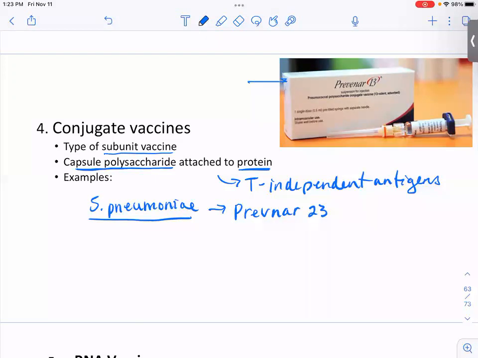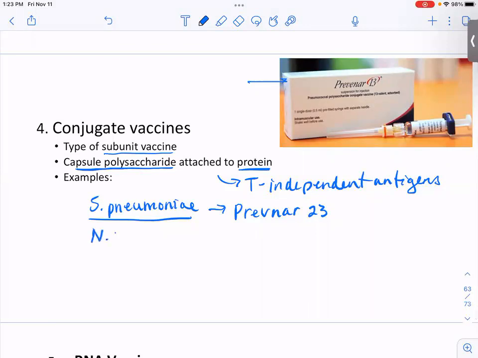So they've taken 23 different variations of the capsule of that Strep pneumoniae and incorporated it into the vaccine. So again, we keep making that one better and better. It used to be only 13 different variations of it. Now there's 23. So that vaccine is especially given to young children, with a whole different formulation for older adults to try to protect them from pneumonia.